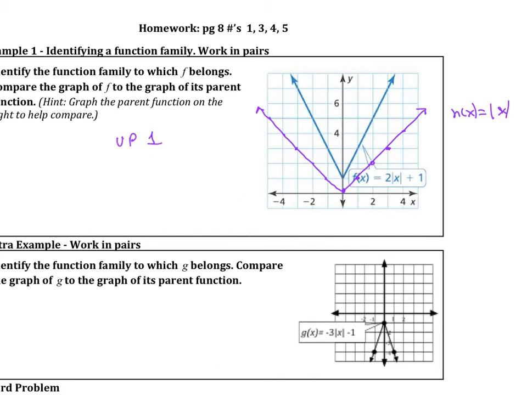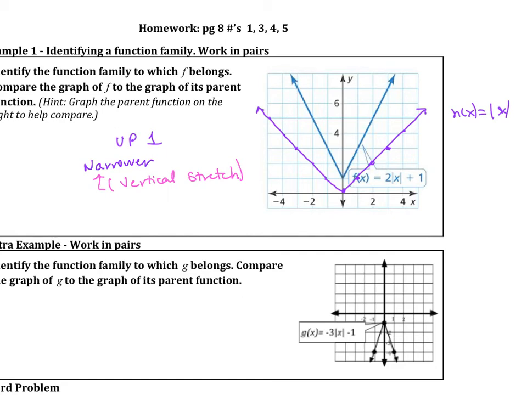Now I'm going to talk about the actual terminology. It's narrower. We can say that. But the technical term that I want you to get used to is a vertical stretch. So it gets narrower when it's a vertical stretch.